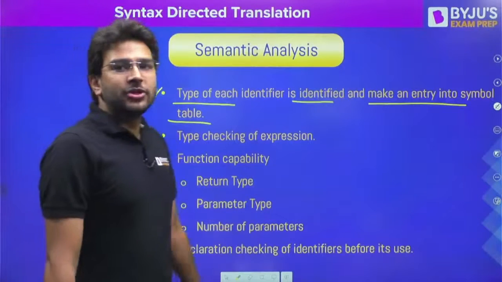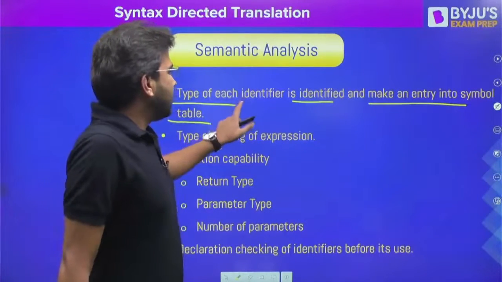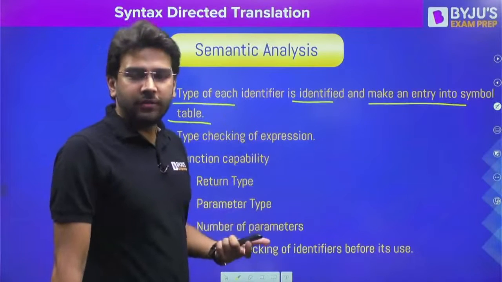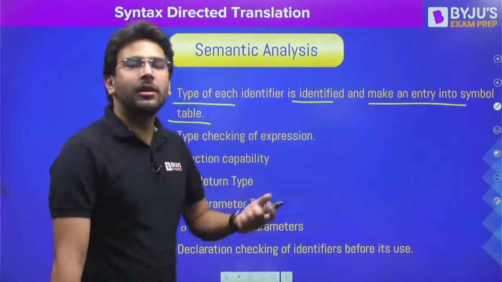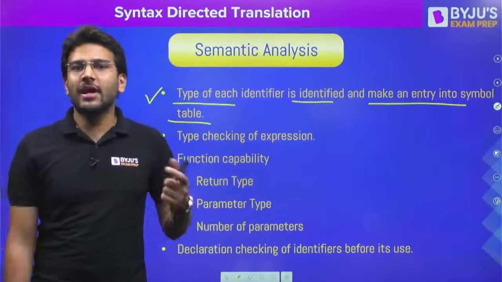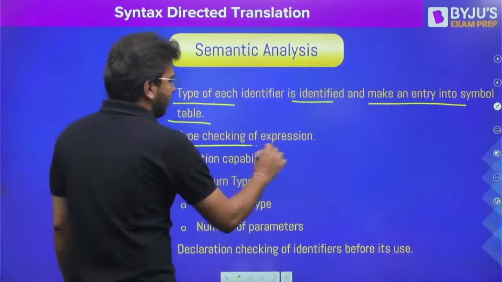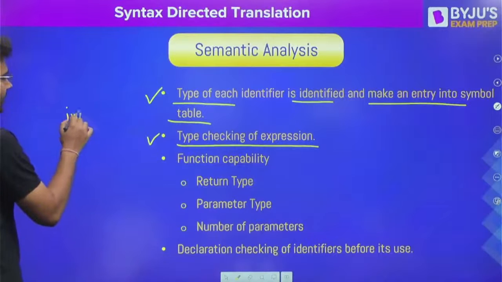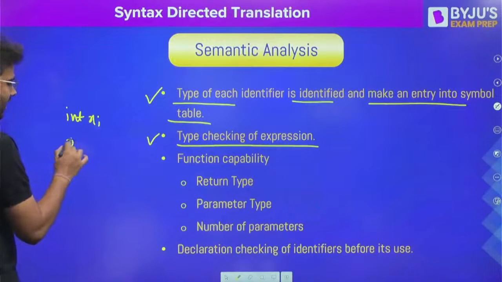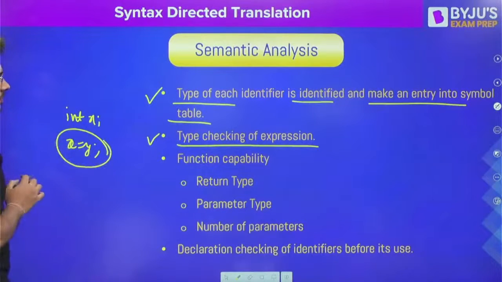Now, the first functionality of this semantic analysis phase is that it is going to identify the type of each identifier, and it is going to make the entry into the symbol table like the lexical analysis phase and syntax analysis phase. Clear? The second thing we have is type checking of the expression. If you are writing any expression, for example, int x; and x is equal to y, here it is going to perform the type checking of this expression.